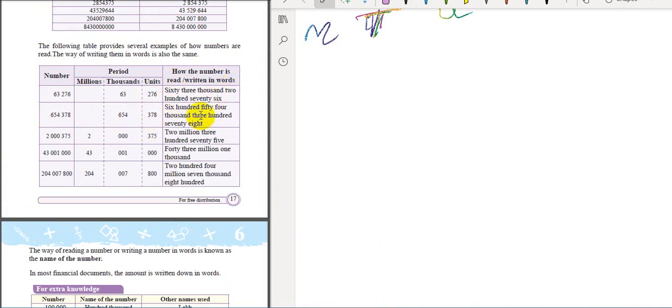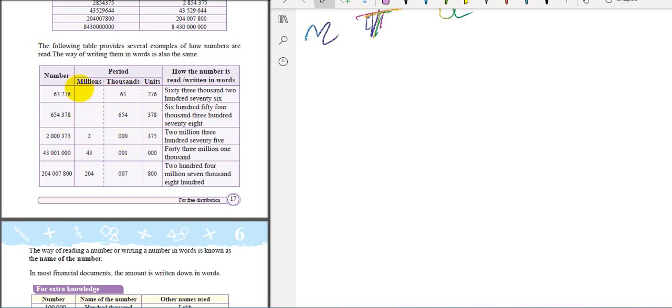What about this? Without seeing this one we can read, this is thousand period, so 654,378, and this one is 0.